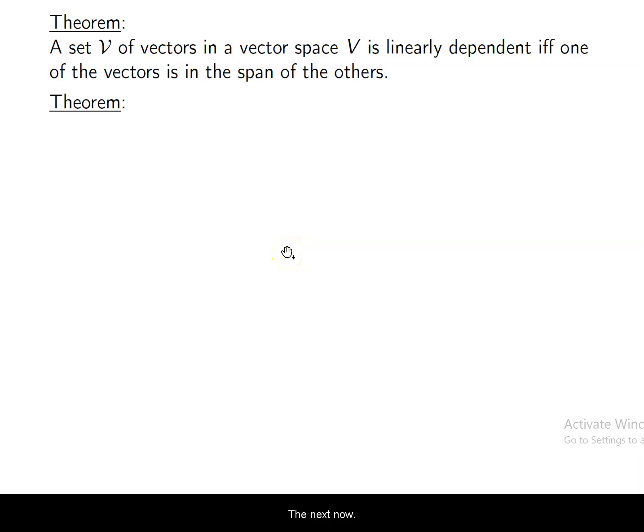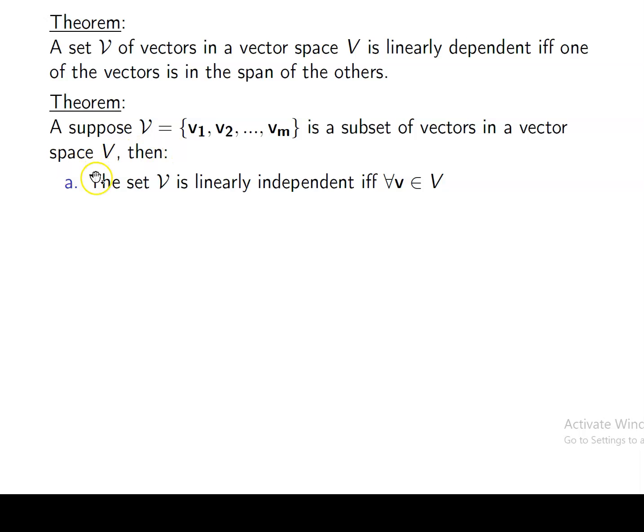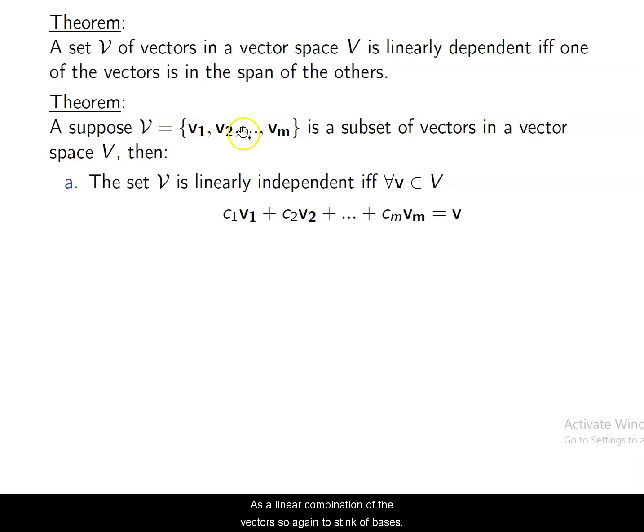So the next theorem is that suppose we have a set that is a subset of vectors in a vector space. Then part A is that this set of vectors is linearly independent if and only if for every vector in my vector space, not in my set, but for every vector in my vector space, I can write that vector as a linear combination of these vectors.